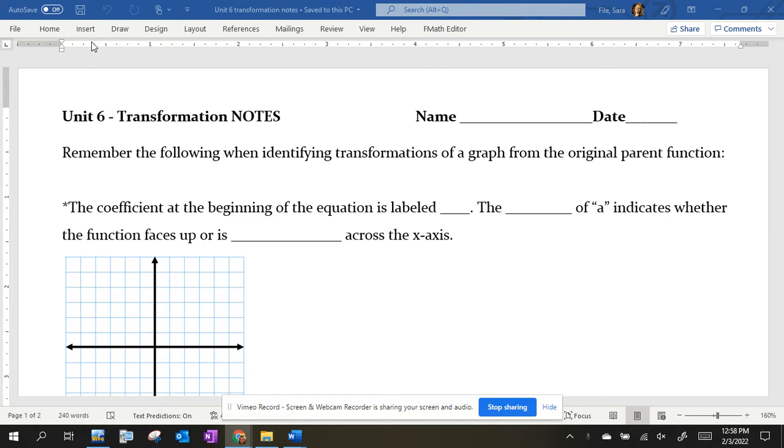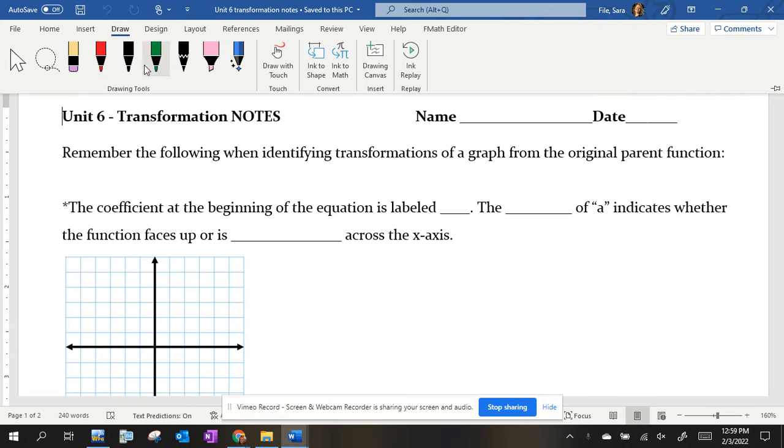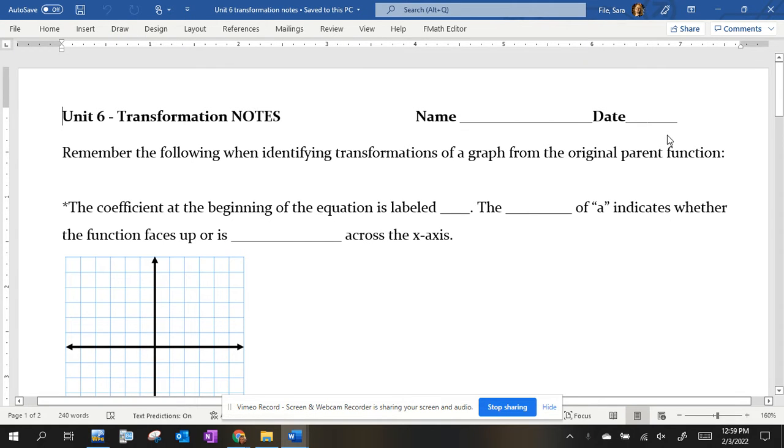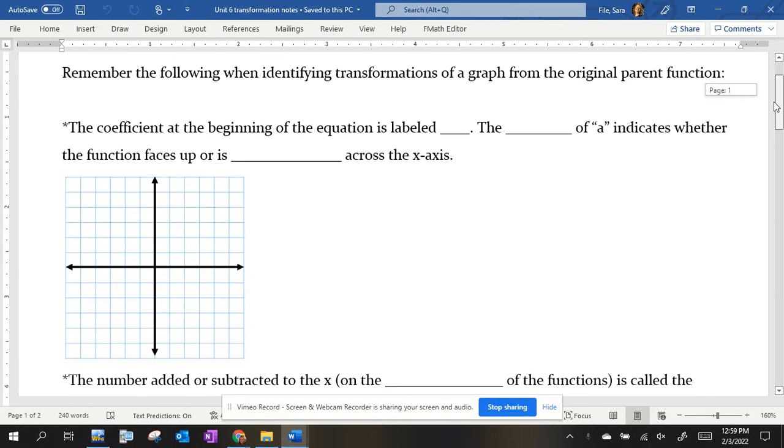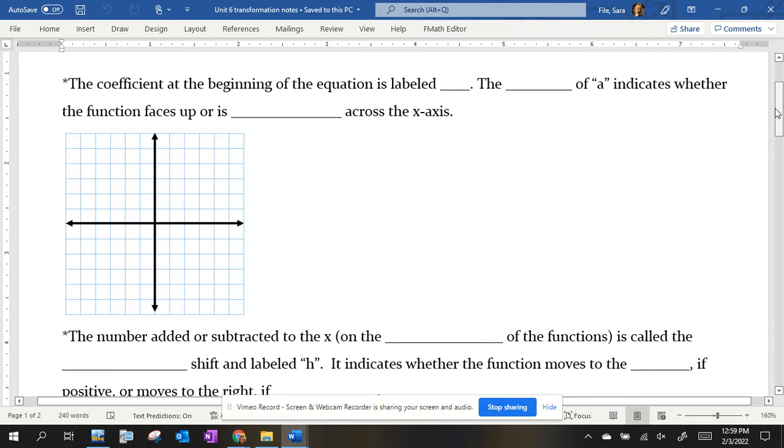And this year, just a couple units ago, we were doing all those transformations of the sine and cosine wave. So all the transformation rules are the same. We're just going to review those and make sure everybody remembers them, and then do some examples on the back with all of the functions we've been reviewing this unit.